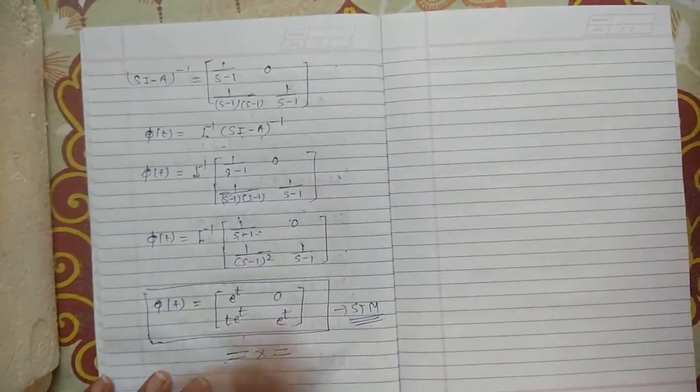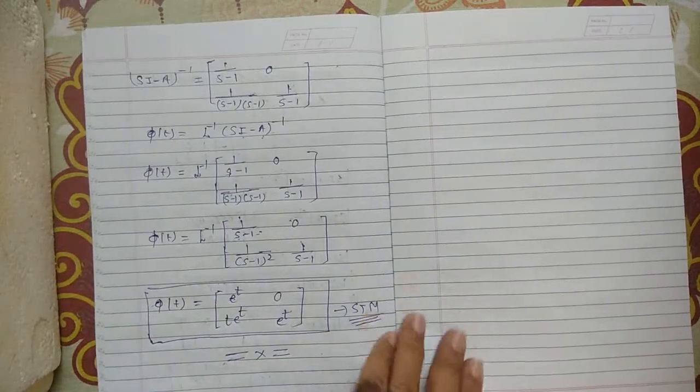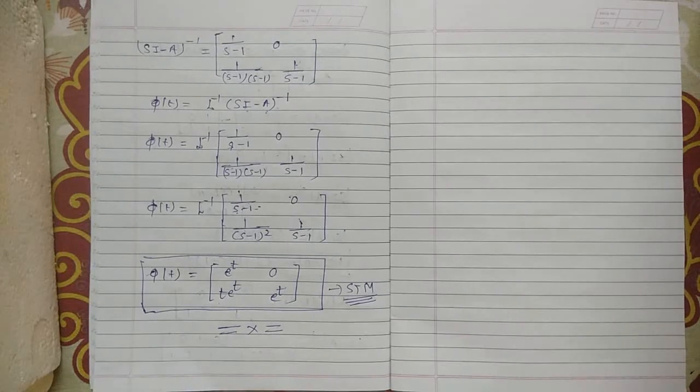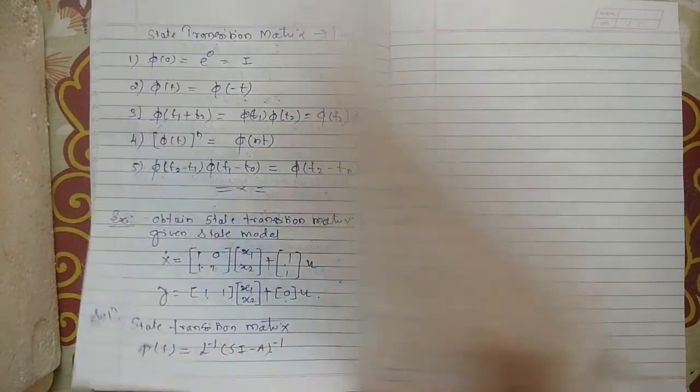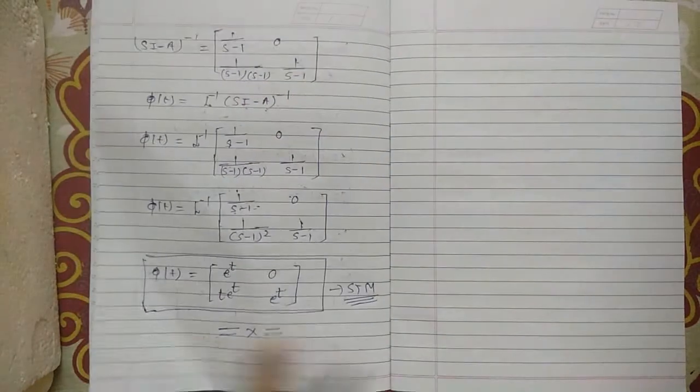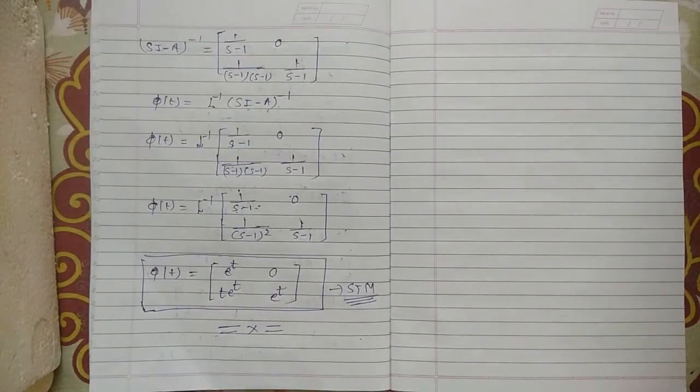So this way we can find the state transition matrix from a given state model equation.